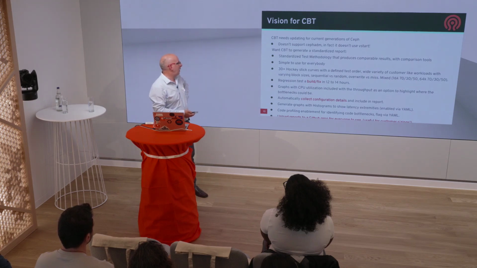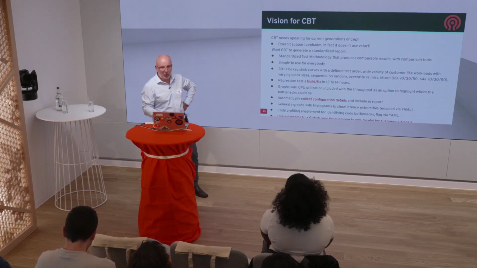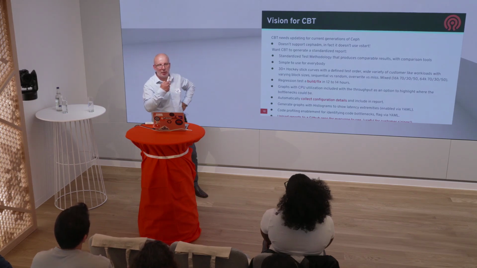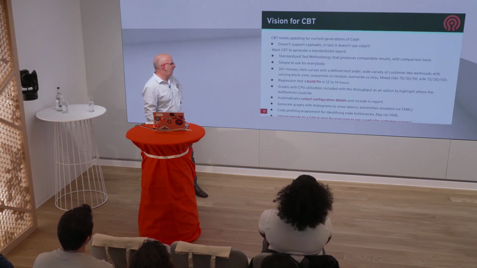We essentially want to generate 30 plus hockey stick curves, and be able to do a regression test in 12 to 14 hours. Some of the erasure coding work which Bill's talking about will require quite a significant amount of performance evaluation, so we need to be able to do regression testing quite quickly.